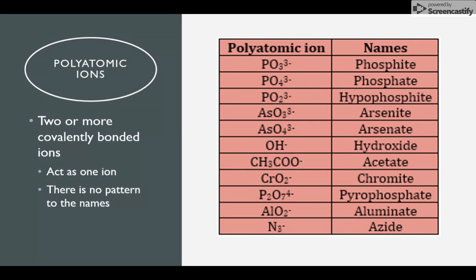So like PO3 3- is phosphite, whereas PO4 3- is phosphate. This one really doesn't look anything like its name, but CH3COO is acetate. Another example is CrO2-, which is chromite.